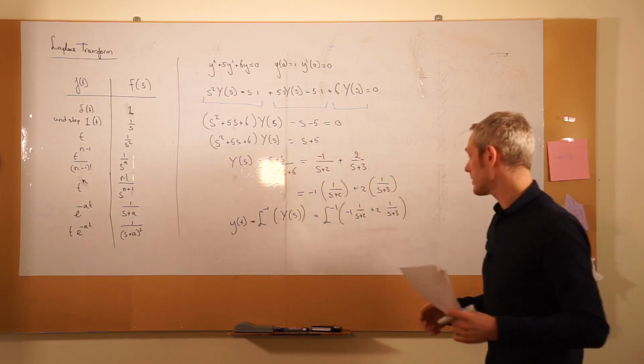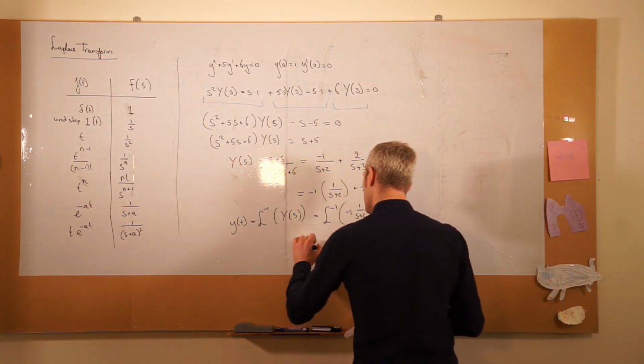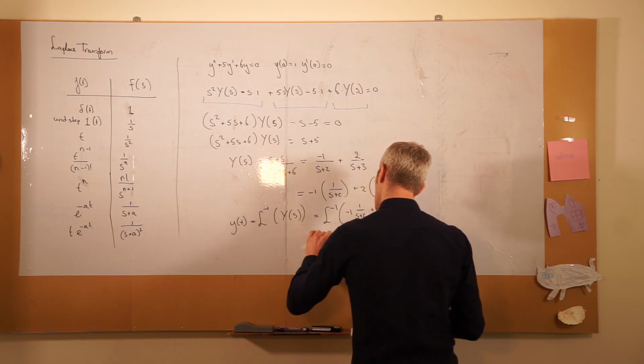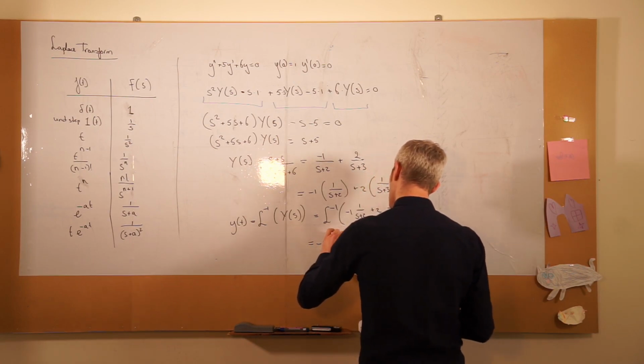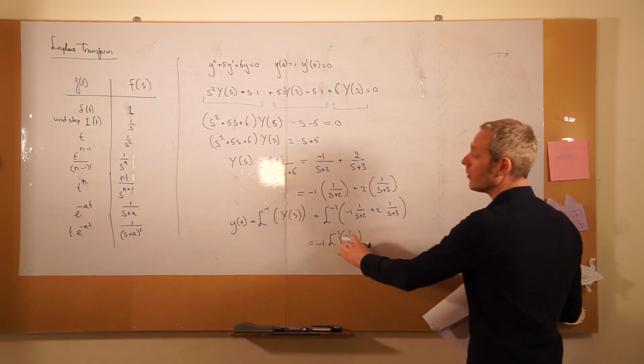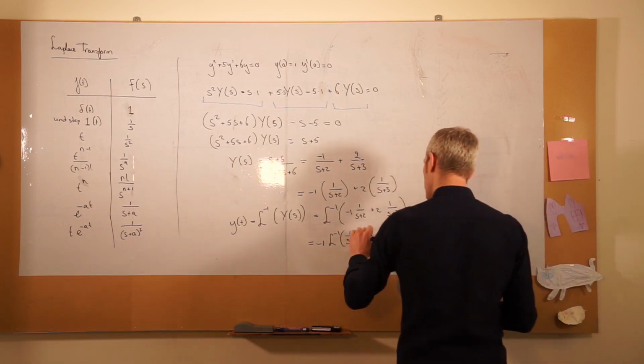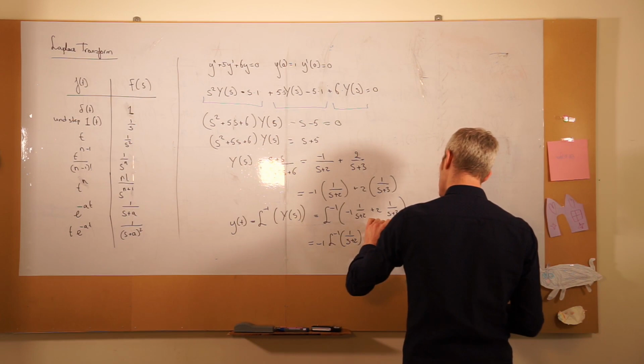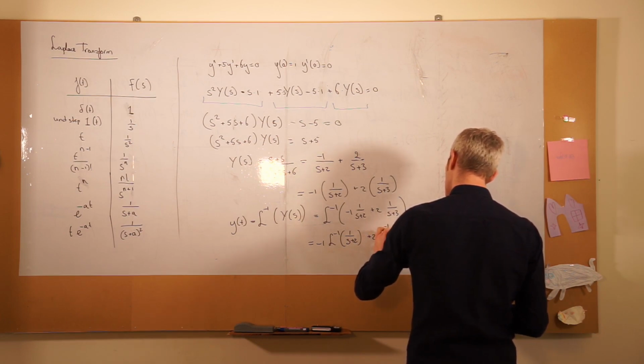Now I again use linearity, which gives -1 times the inverse Laplace transform of 1 over s plus 2, which I know because that's in my table, plus 2 times the inverse Laplace transform of 1 over s plus 3.